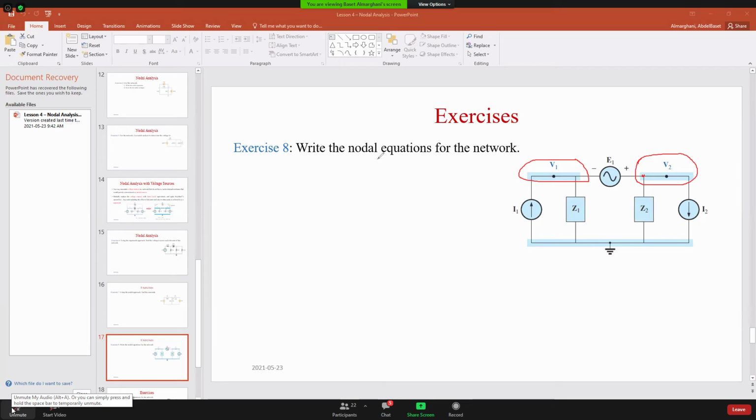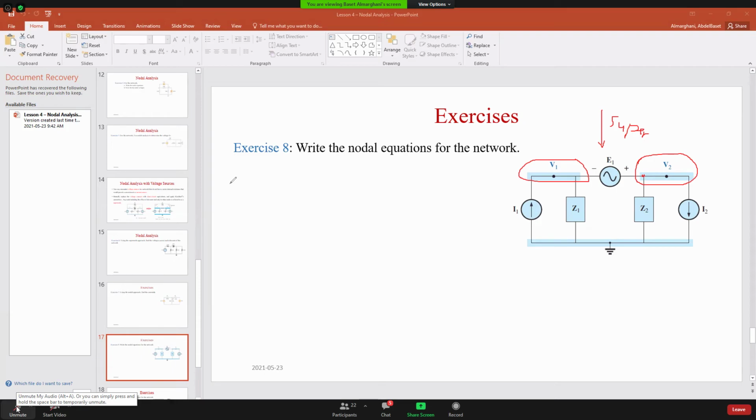So when it says write the nodal equations, we're going to write 2 equations. But what are those 2 equations? Now look at what is between the 2 nodes. It's a voltage source. So we're going to use the super node. This is an indication that a super node has to be applied, because you have a voltage source, no current source, between the 2 nodes.